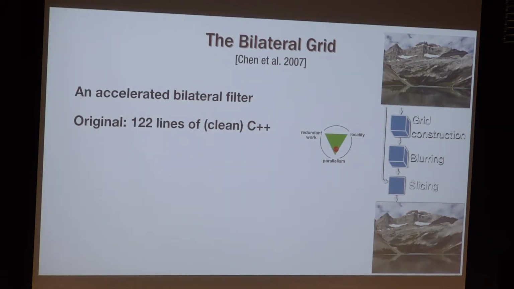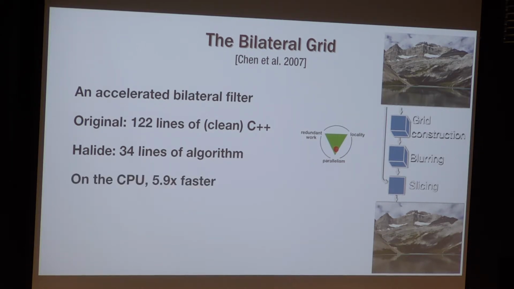If you look at what's going on in here, there's an example: this bilateral filter computation. The original is about 122 lines of C++ code, and you found something with good parallelism in here, but we could write it in 32 lines of Halide and we were able to get about 6x faster than the CPU.